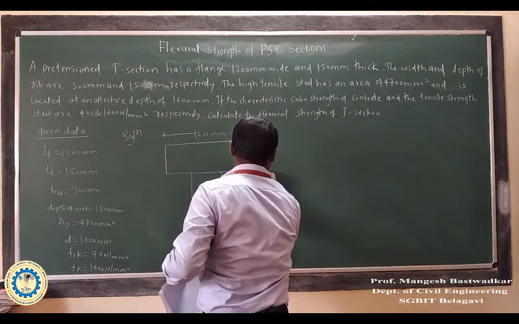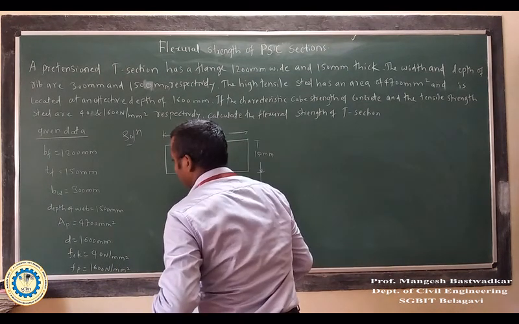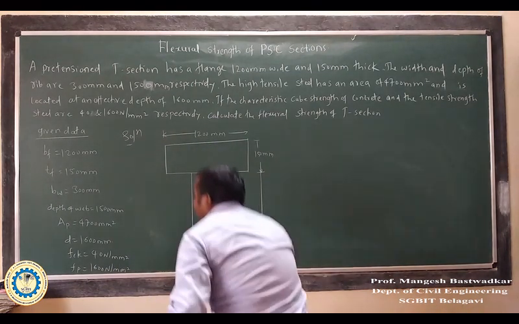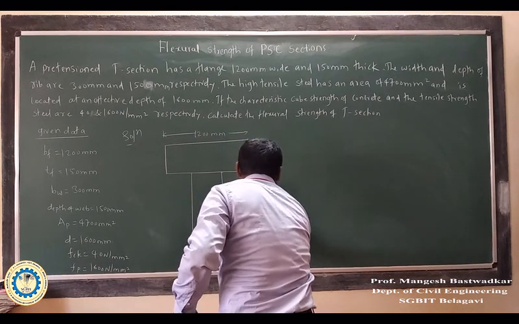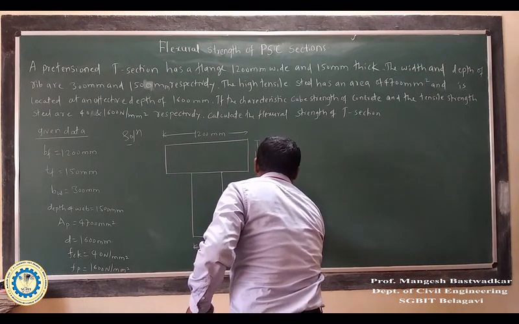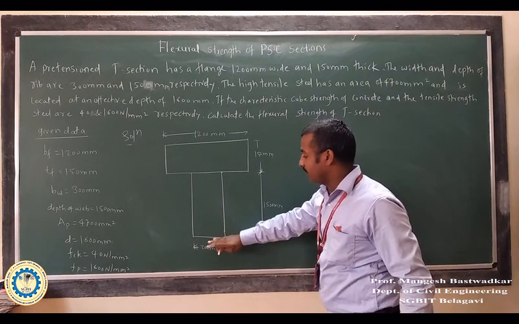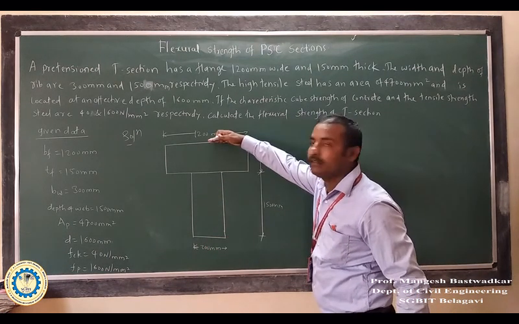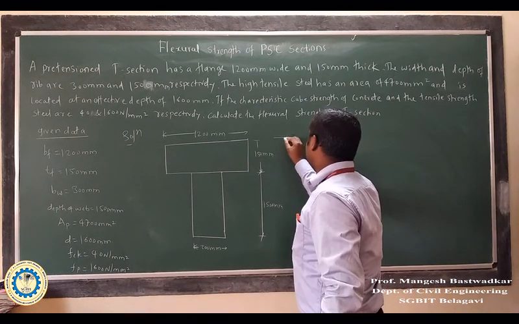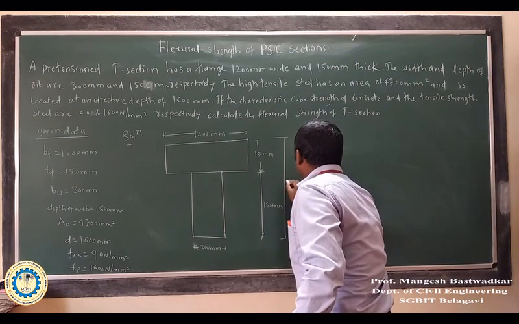Then depth of the web is also given here. You can see here, it is 1500 mm. Therefore, overall depth is the distance between the bottom extreme fiber to top extreme fiber. So this will be overall depth.